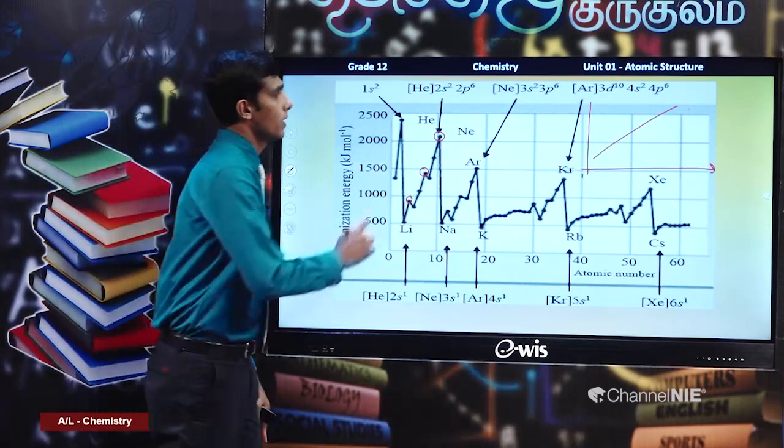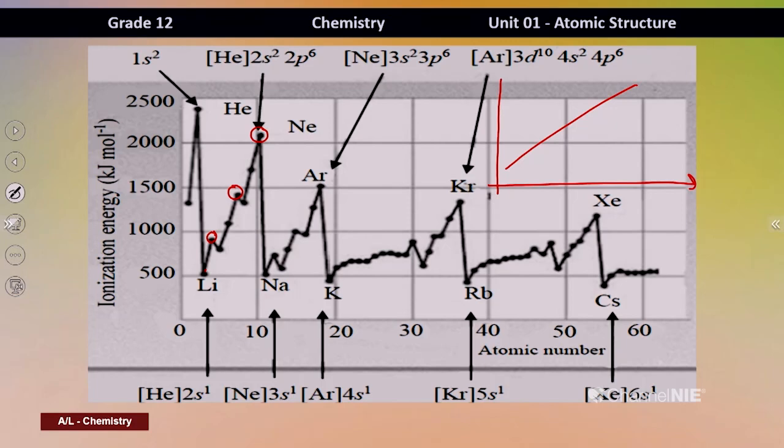If I just mention that in this diagram, if this is the variation of the first ionization energy, let us say this is lithium, then lithium, beryllium, boron, carbon, nitrogen, oxygen, fluorine, neon.